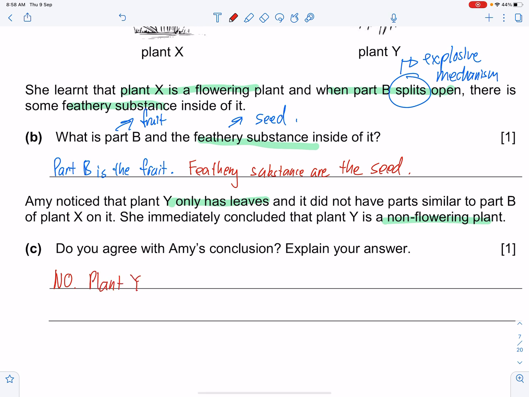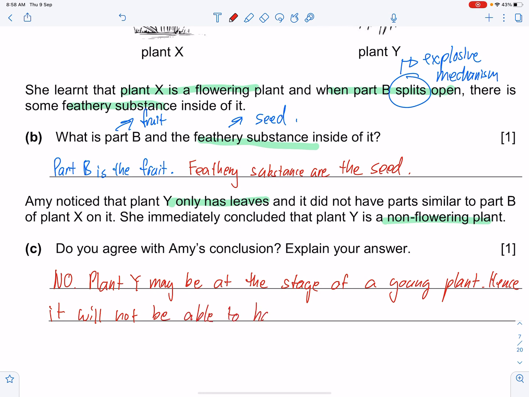Plant Y may be at the stage of a young plant, hence it will not be able to have fruits or flowers.